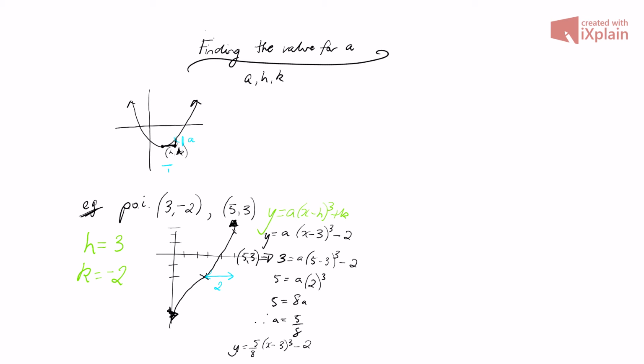Let's try a square root function that has a starting point of, let's just make one up, 4 and 3, and a y-intercept of 5.